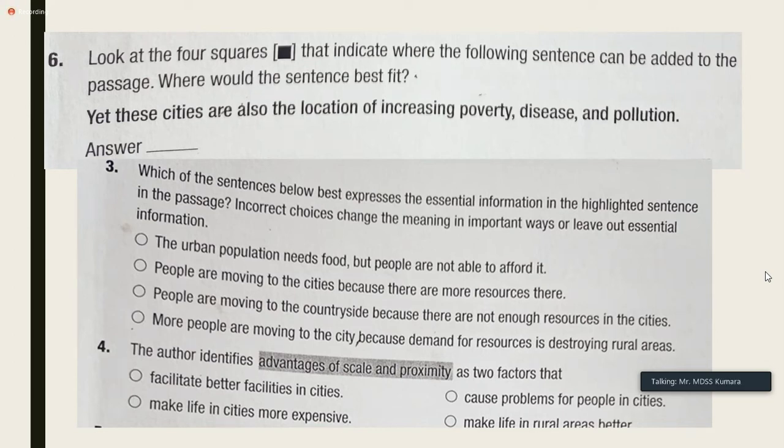First one says the urban population needs food, but people are not able to afford it. Second one says people are moving to the cities because there are more resources there. Third one says people are moving to the countryside because there are not enough resources in the cities. Fourth one says more people are moving to the city because demand for resources is destroying rural areas. Which one is the correct answer?